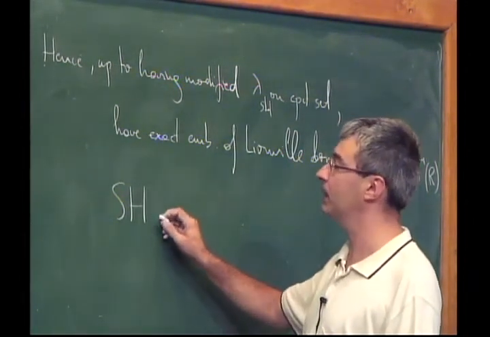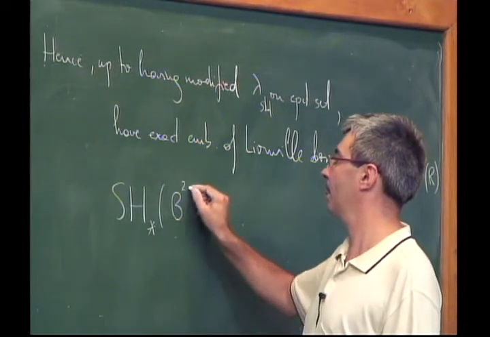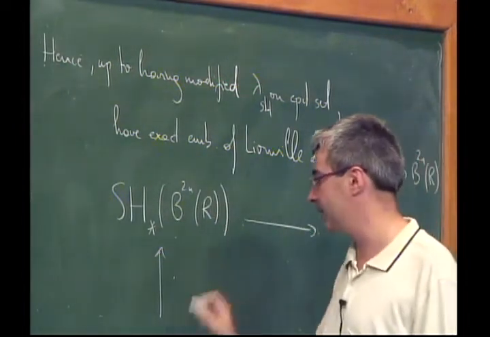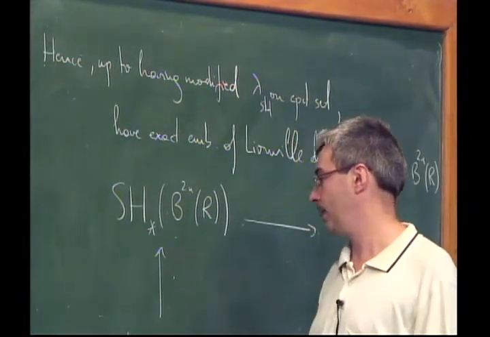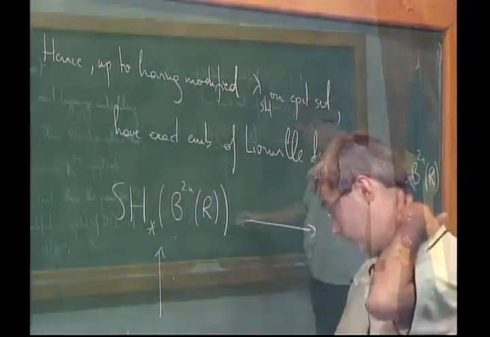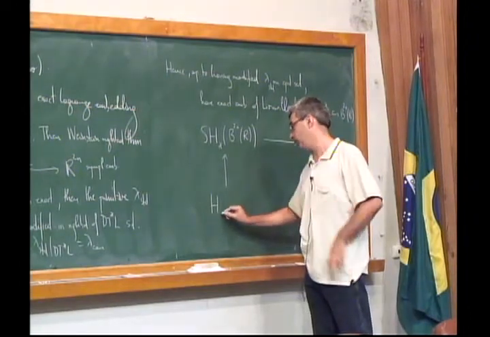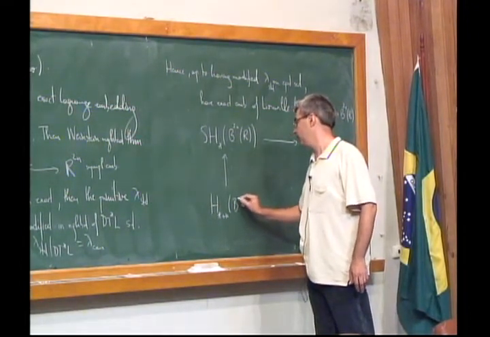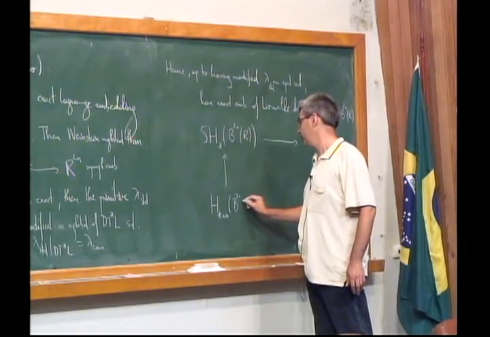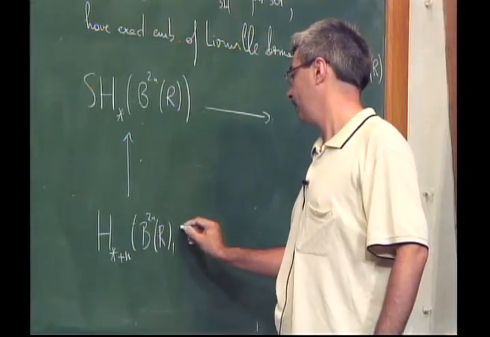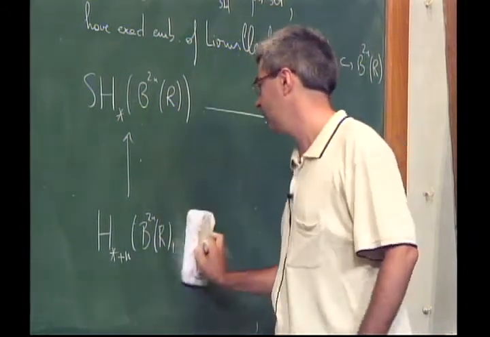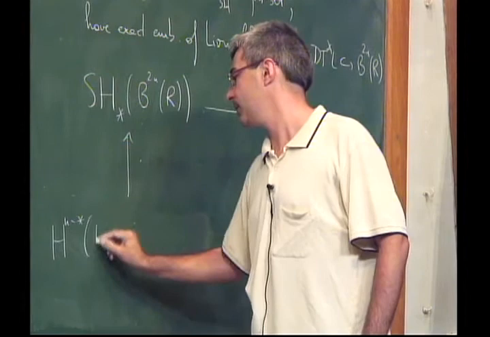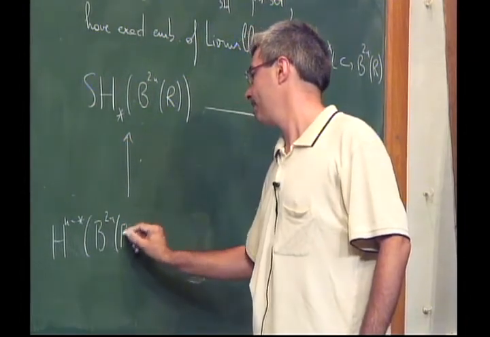I have here the symplectic homology of the ball, which extends the homology of the ball relative, or, let me think, maybe I'll write it like this: H_{n-*} of the ball, right?